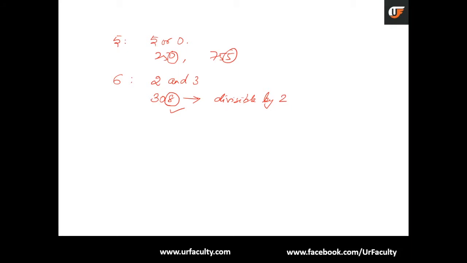Here again, what do we need to do? In the case of 3, we need to add up all the digits. So 3 plus 0 is 3, 3 plus 8, 11. So the sum is 11, which means it is not divisible by 3. Hence, 308 is not divisible by 6.